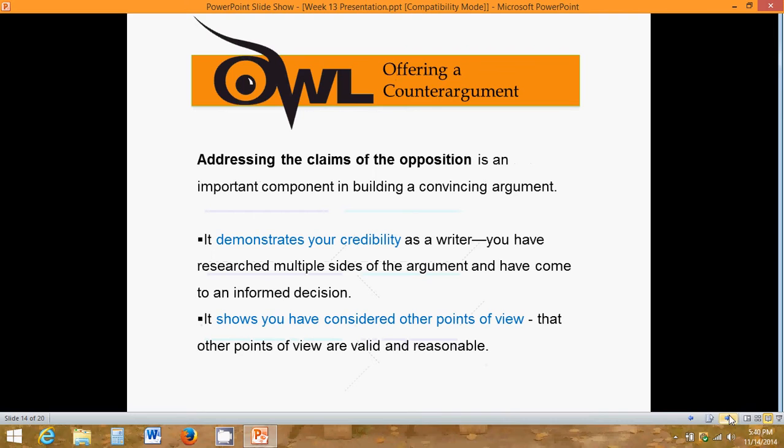I do encourage you to offer, and this is part of the assignment really, that you need to look at the opposing view. By addressing the claims of the opposition in an argument, it helps to convince the reader, and it helps to show your credibility as a writer. If you've researched both sides or multiple sides of an argument, it shows that you've come to an informed decision.